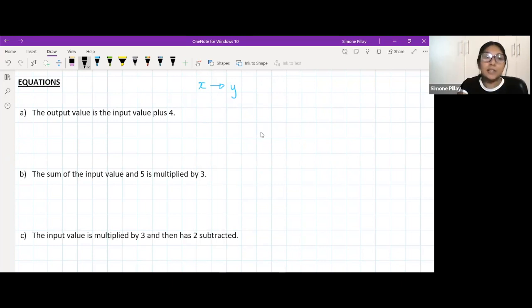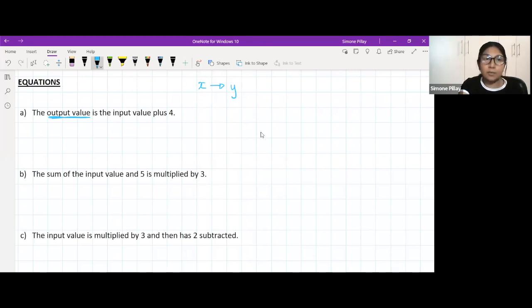So let us start and look at this sentence. We have to be very mindful of the English, the words that they use, and we have to interpret it into mathematical terms. Over here, they told us the output value. As soon as they say something about output value, what does that mean in mathematical terms?